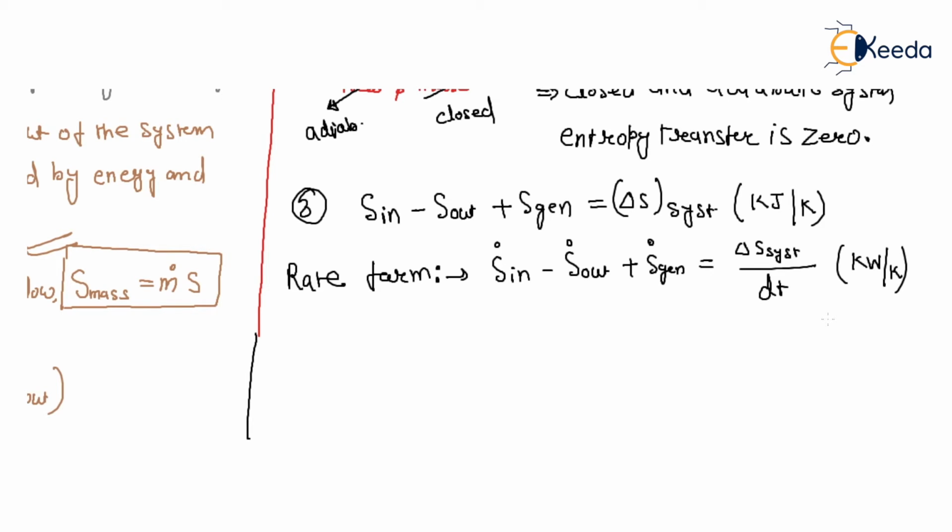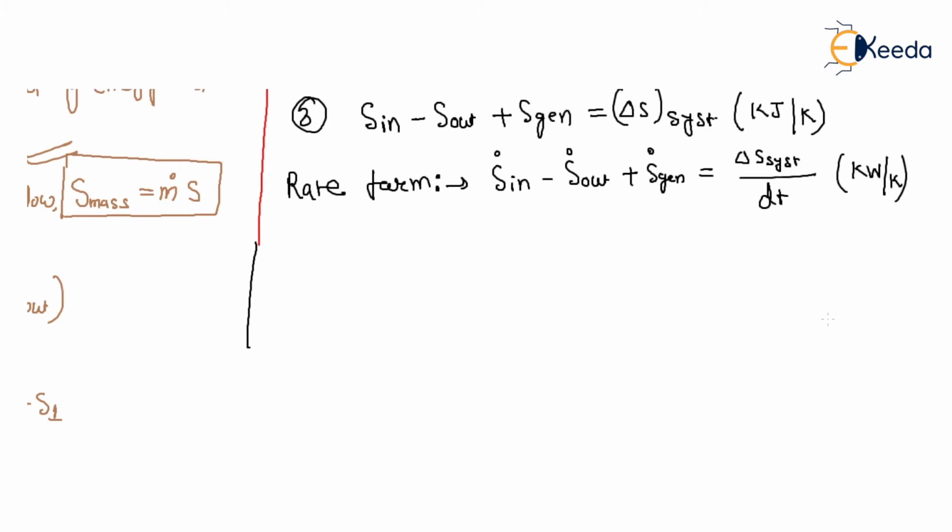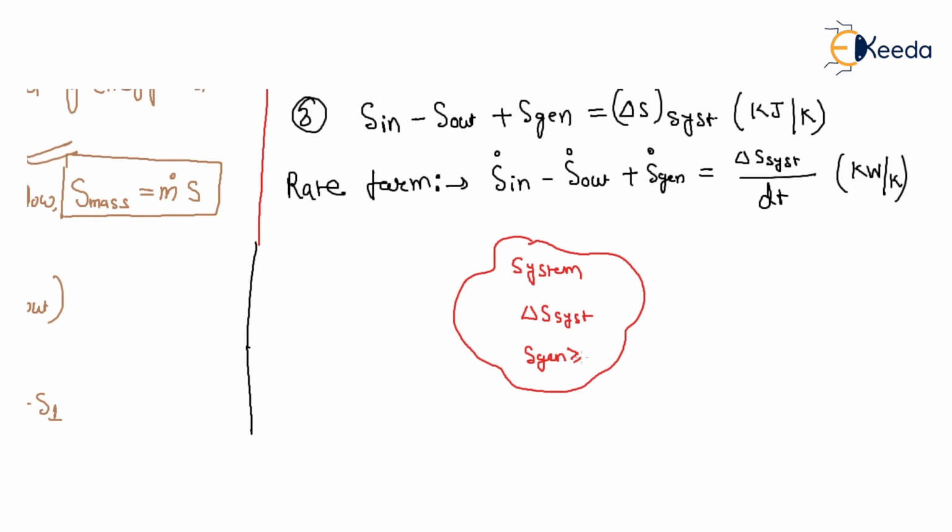So if there is a system, any system, if this is a system, right? This is your delta S of system. So S generation is greater than or equal to 0.